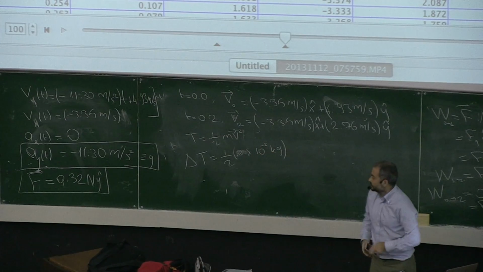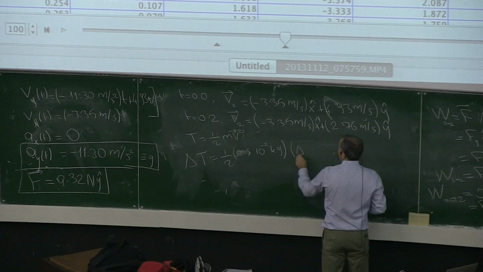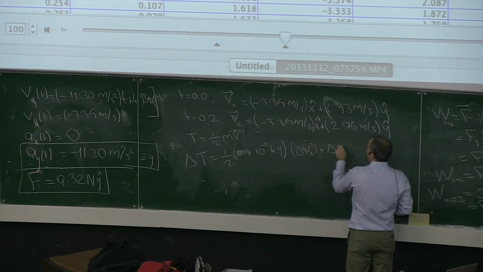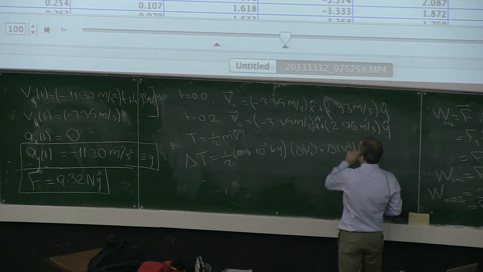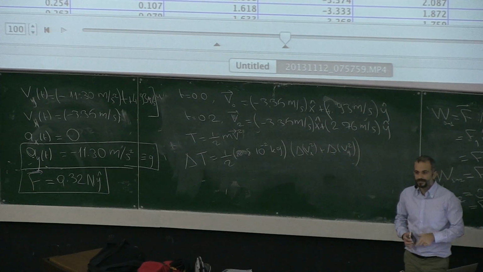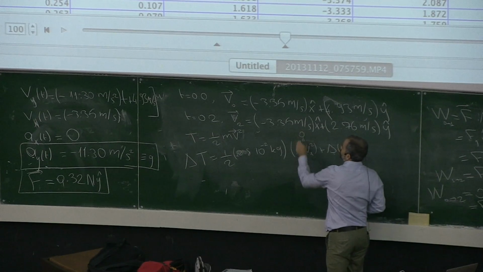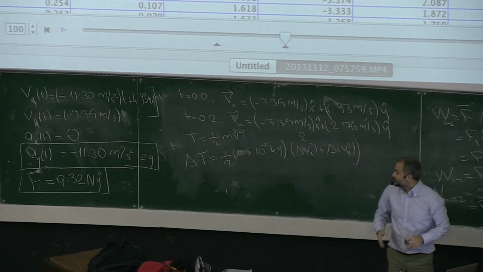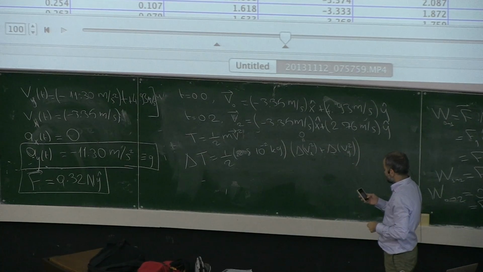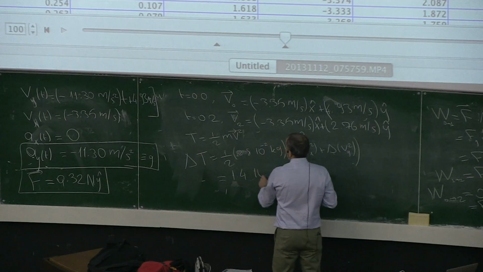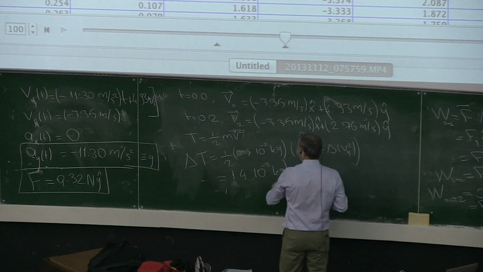Now the change in v squared is the change in the x component of velocity squared plus the change in the y component of the velocity squared. Well, the x component doesn't change. So the change in the x component is 0. The y component of the velocity changes, and the final value is 2.76 squared. This is equal to 1.4 times 10 to the power minus 2 kilograms.